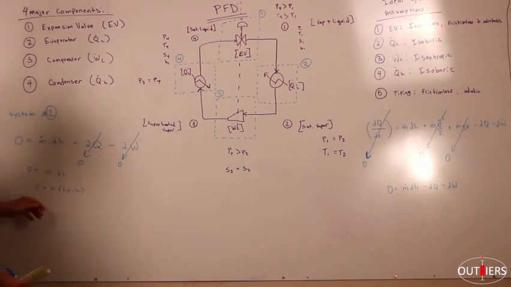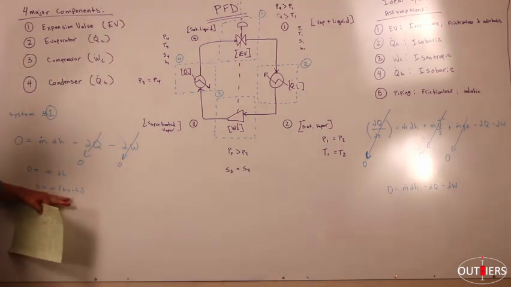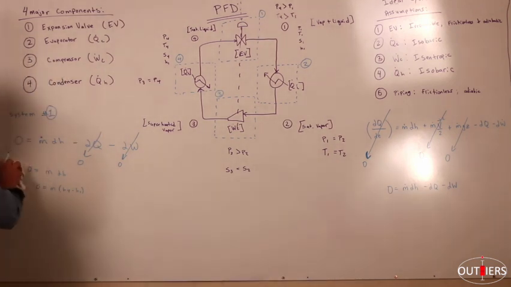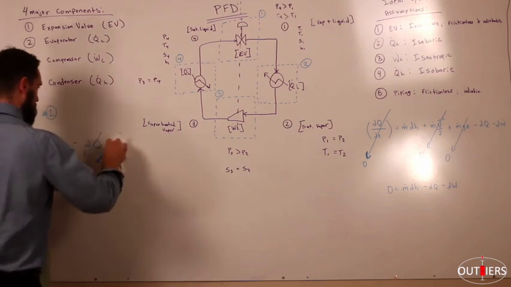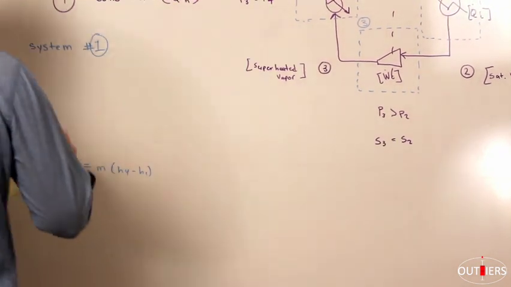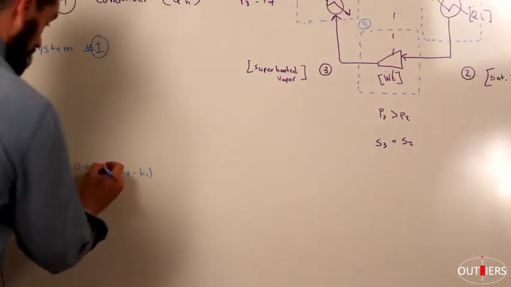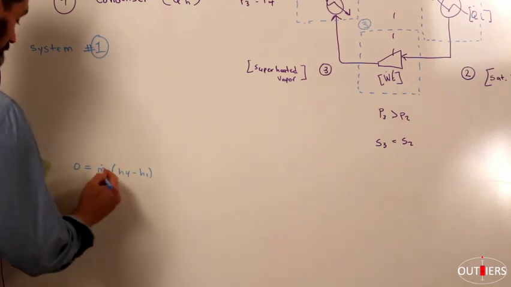Now I'm going to erase this so I can keep my room, but we'll have our final result here under system 1. And I didn't reduce this far enough. So we have our mass, which can be factored out.